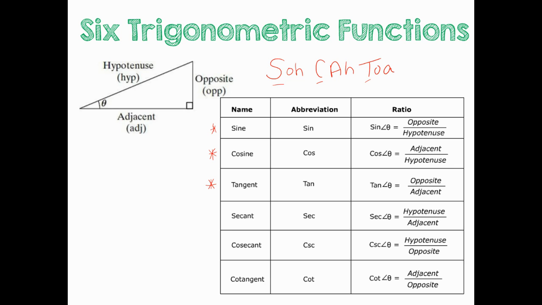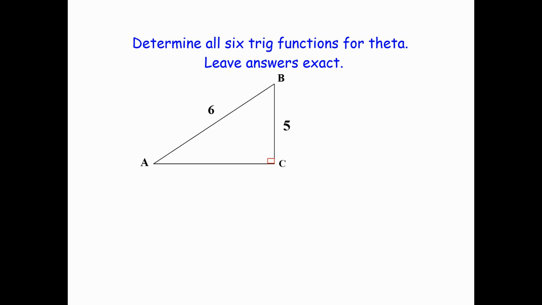So let's apply this. We want to find all 6 trig functions for theta, and theta has gone missing, so I'll put it in here. This is where we wanted theta to be. We first need to know all 3 sides of the triangle. Right now I have 6 and 5, 6 being my hypotenuse, so I'm going to do 6 squared equals 5 squared plus b squared.